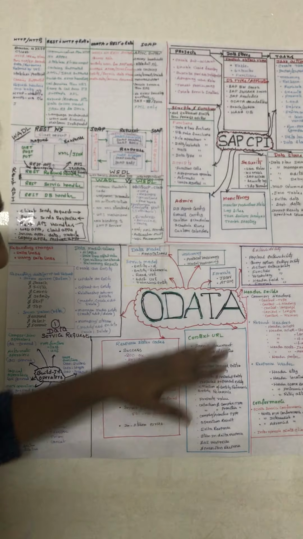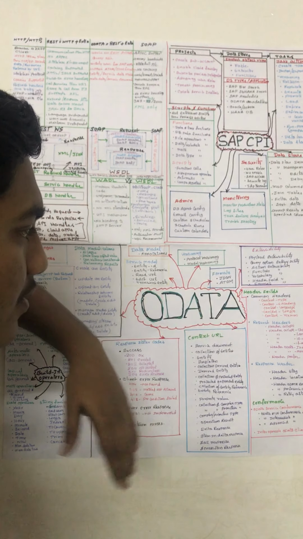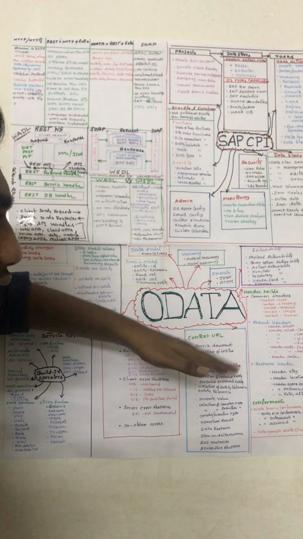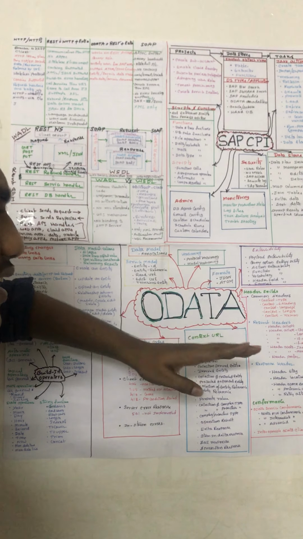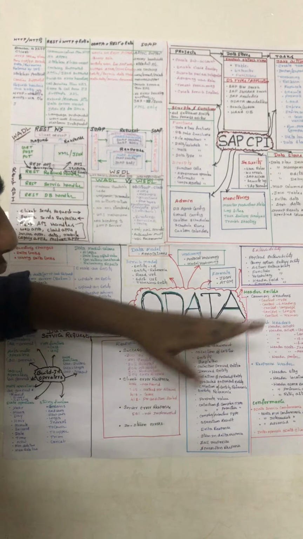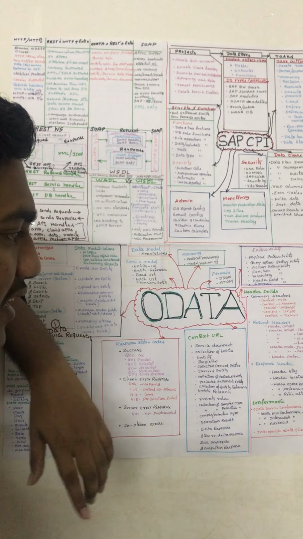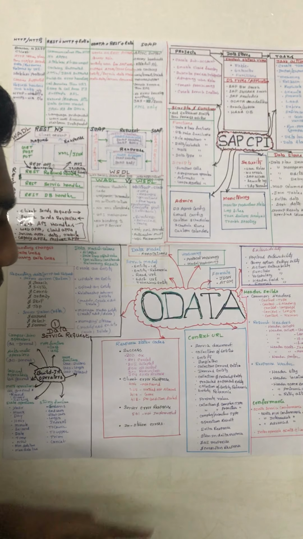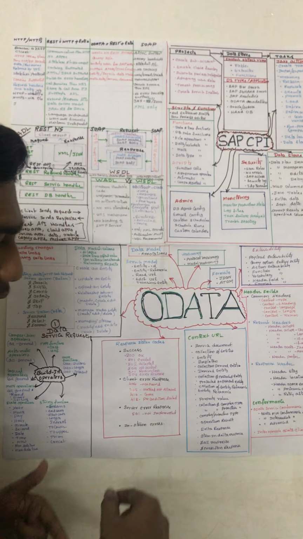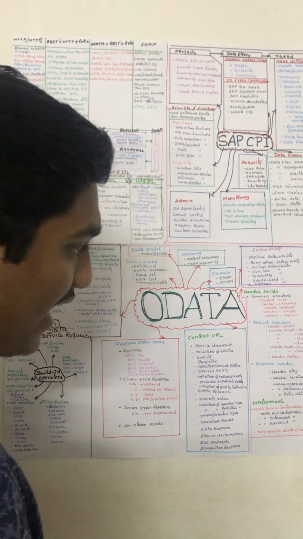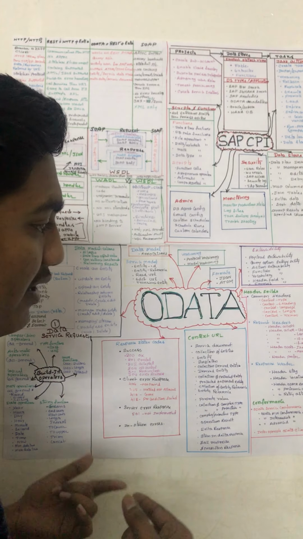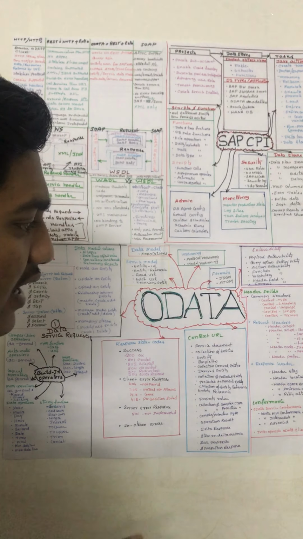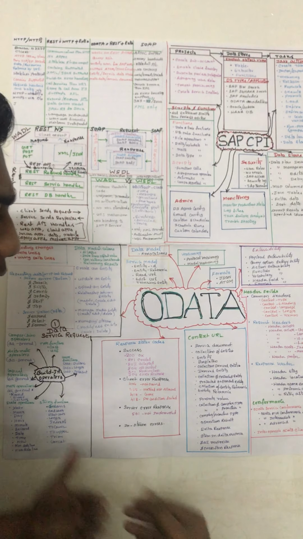And next, if you come to header fields, first there are some common headers like content type, content encoding, content language, content length, and content version. So these are common headers. And if you come to request headers, we have header accept, accept language, accept if match, if none match, header OData isolation, header OData max version, and header prefer.